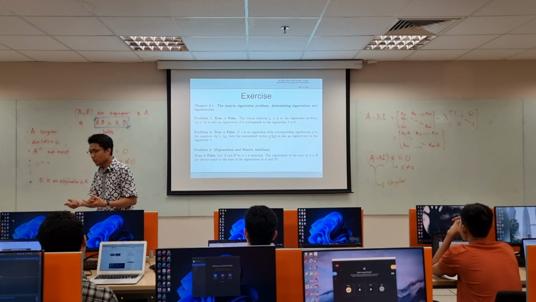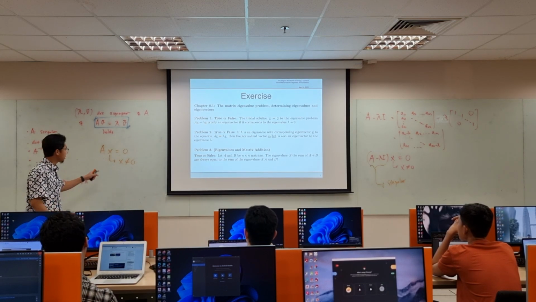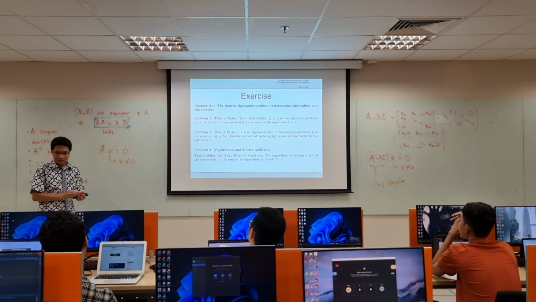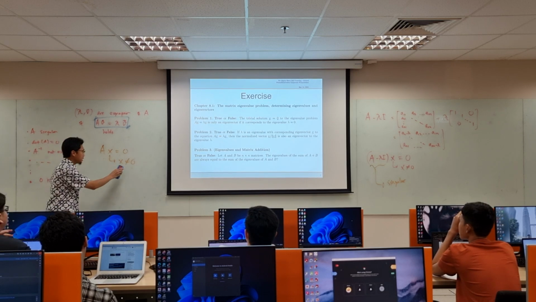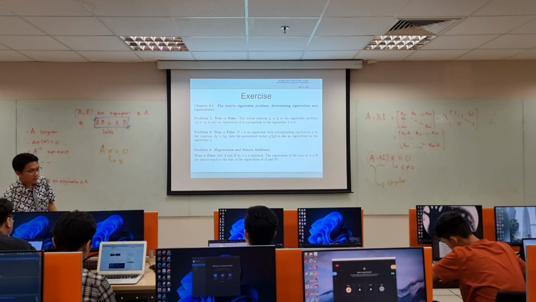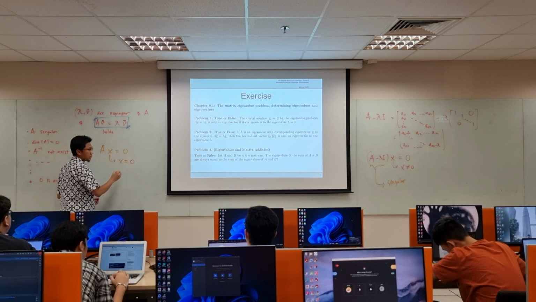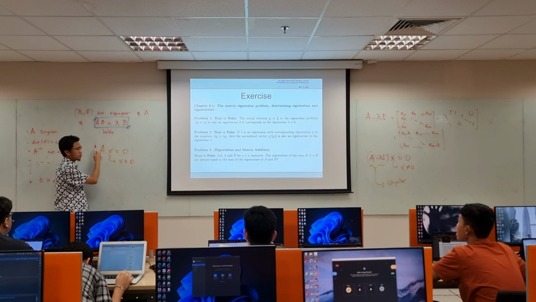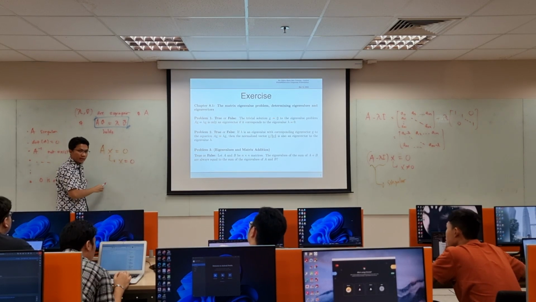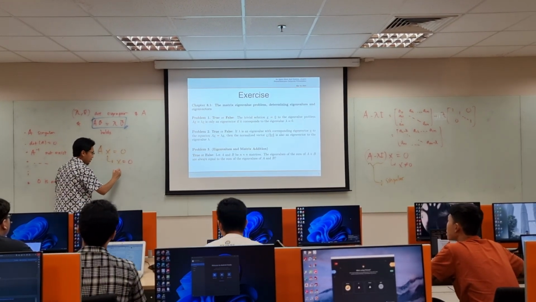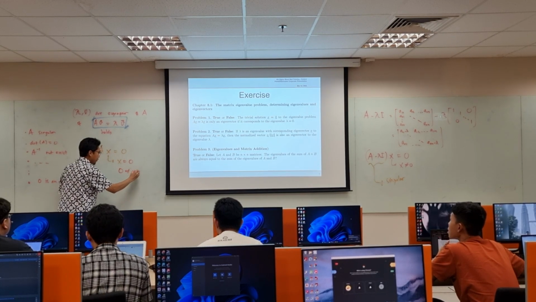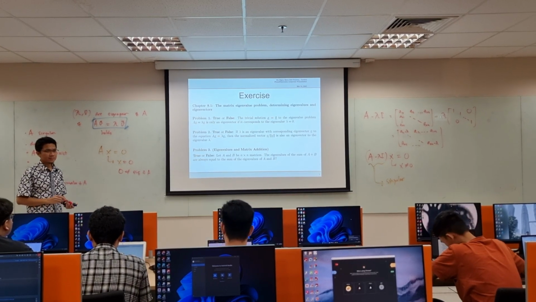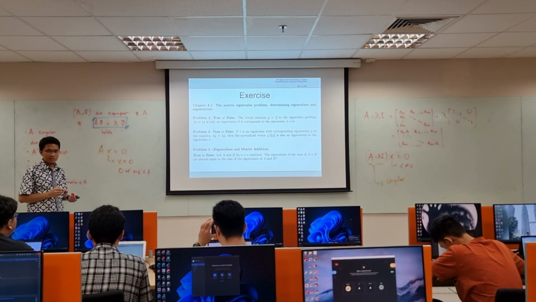But if x equal to 0 is the only possible solution to this problem, then the other way around, 0 is not an eigenvalue of A. You get what I mean?